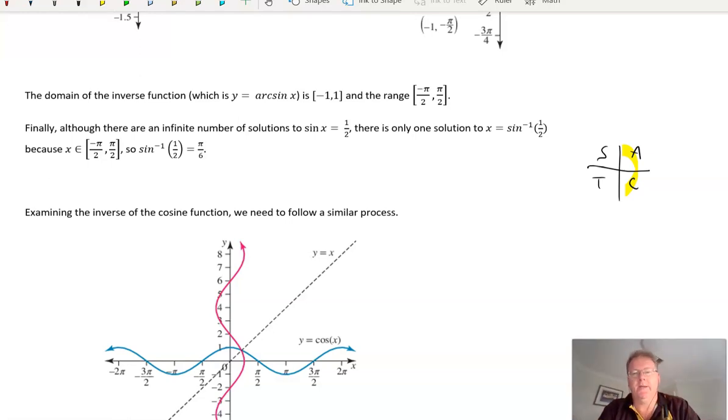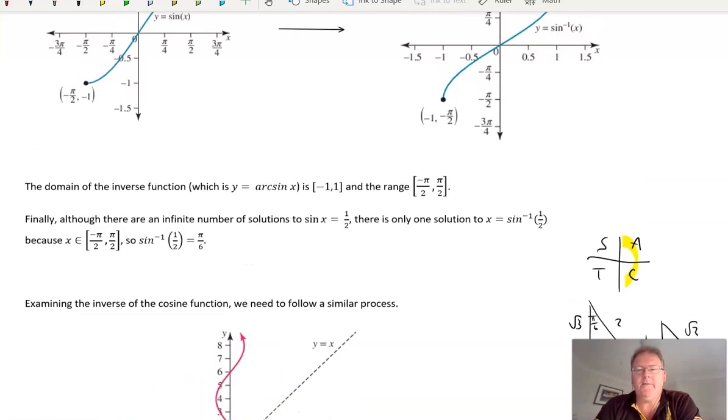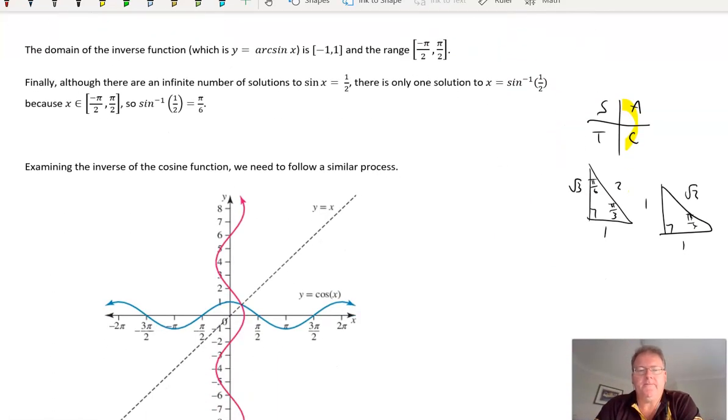So not only do we need to remember that, we should also keep in mind our exact triangles. It's pi on 4, for those who can't read my messy writing. Okay, so that's this inverse sine function.